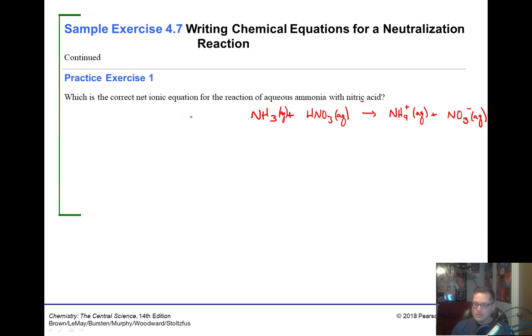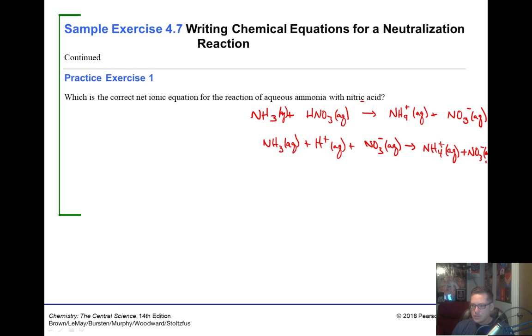So then we can split these up into their ions. You've got NH3, which isn't going to form an ion, but then you get H plus aqueous plus NO3 minus aqueous, and that's going to form NH4 plus aqueous, which doesn't split up, plus NO3 minus aqueous.